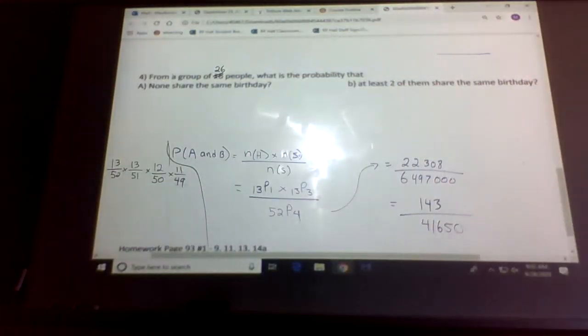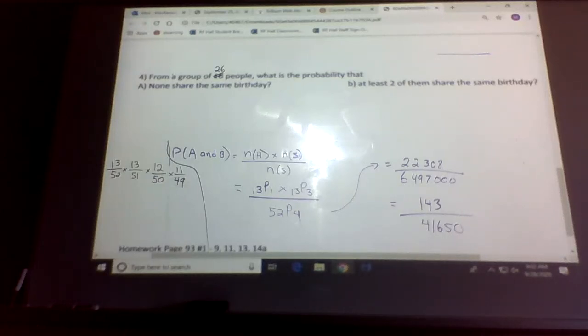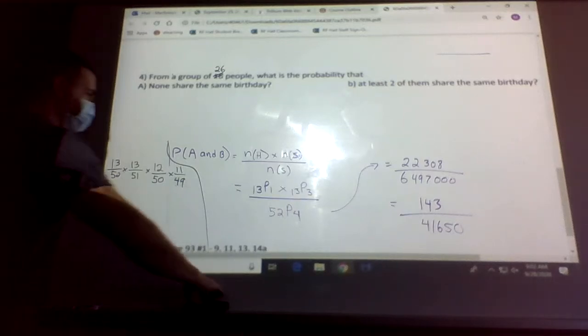I want to find out what's the probability that none of you guys have the same birthday. You'd be very surprised at the percentage. I was surprised when I did this the first time.